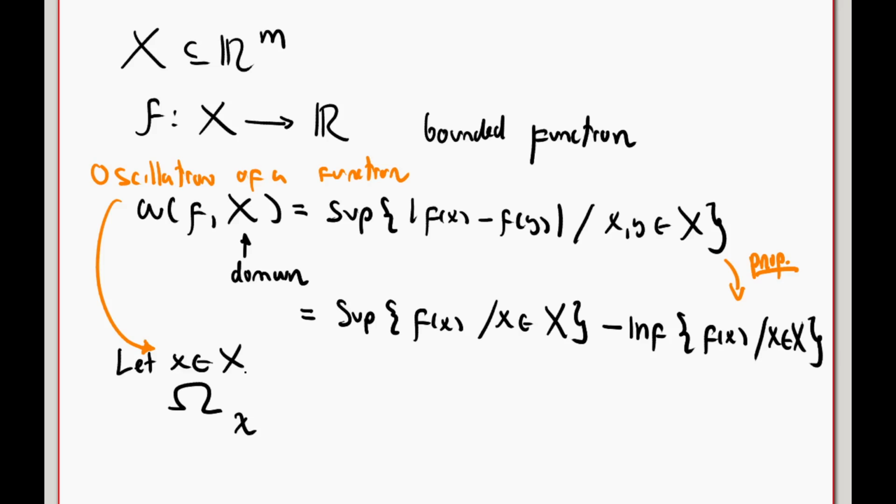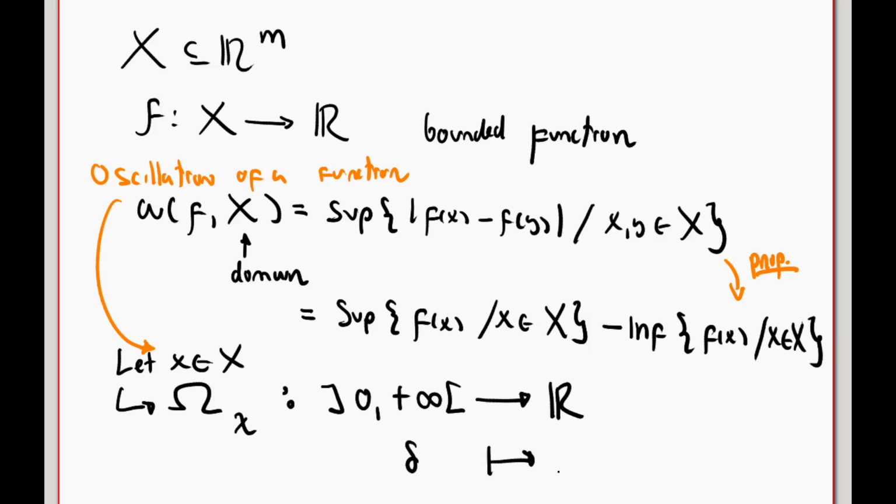So let x be a point in the domain. Then we define this function that goes from the positive real numbers into the real numbers. We take a value delta here, and the result of this function evaluated here will be equal to the oscillation of f, but not on the whole X, but on a restriction.